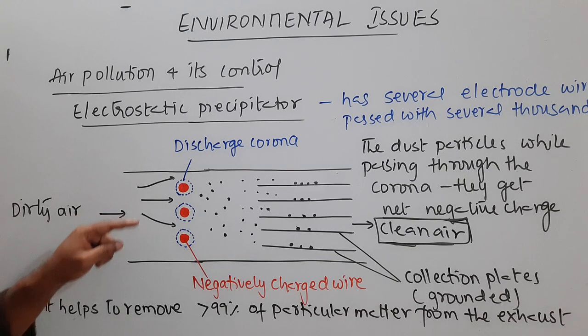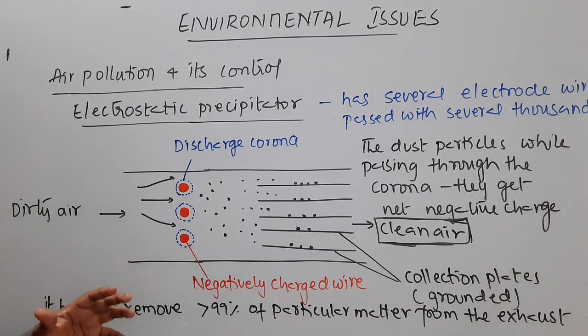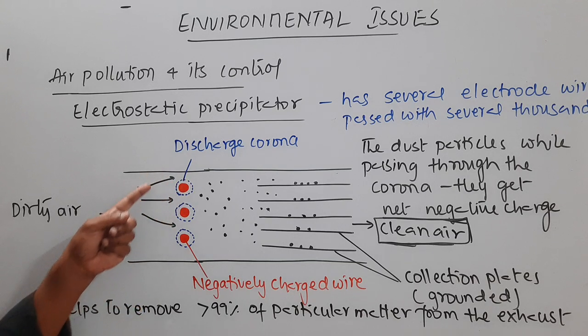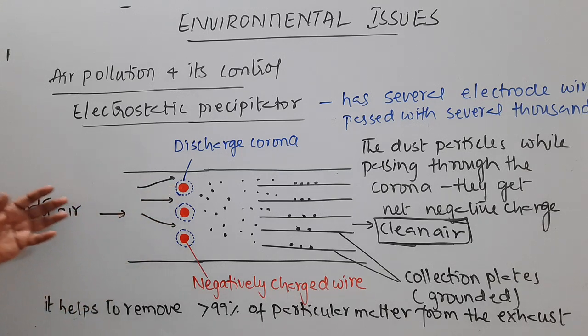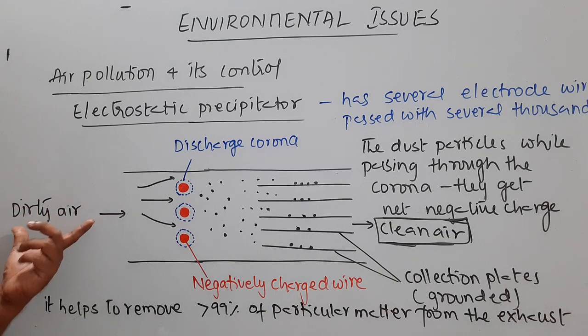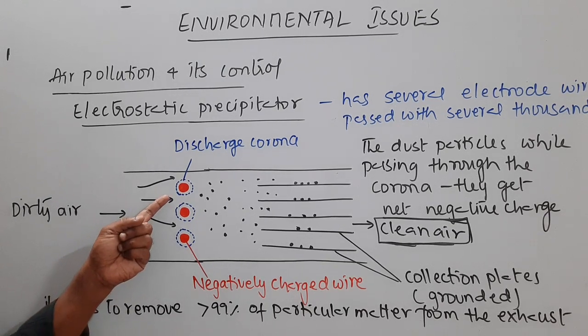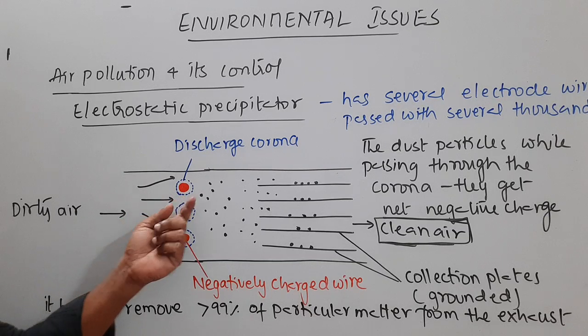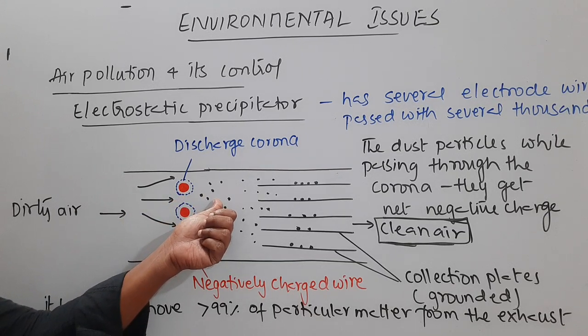So again we shall see here, it is fitted inside with electrodes that are passed with high voltage, and that generates a corona. And when the dirty air, that is the air that contains the dust particles or particulates, passes through this corona, those particulates get the negative charge.